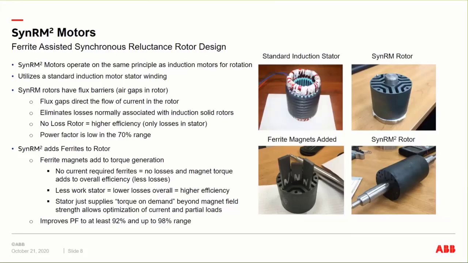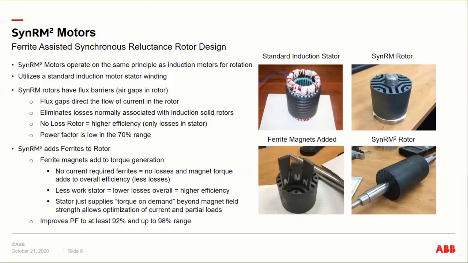So that reduces your losses in the stator. You have a synchronous reluctance rotor with no losses, and you've got the ferrites that take up some of the torque demand and reduce stator losses. So now you increase efficiency even more and you get into the IE5 range. But the other added benefit is it drops the current draw, and I'll show some of that on motor current draw.